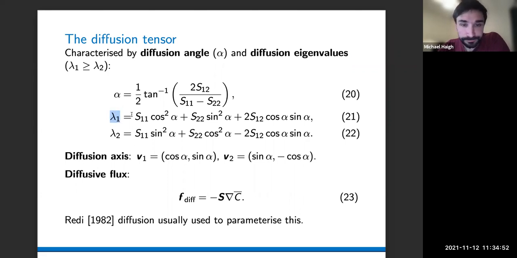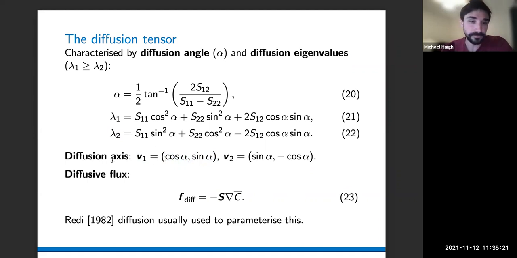Lambda 1, the first diffusion eigenvalue, corresponds to an eddy diffusivity in the direction of the diffusion axis, the principal axis of the diffusion tensor, which has this simple form cos alpha, sin alpha. Lambda 2 is the second diffusivity, which corresponds to a diffusivity in the direction perpendicular to the first one.